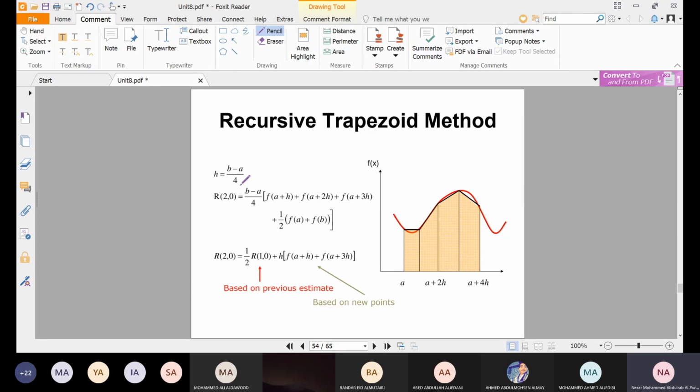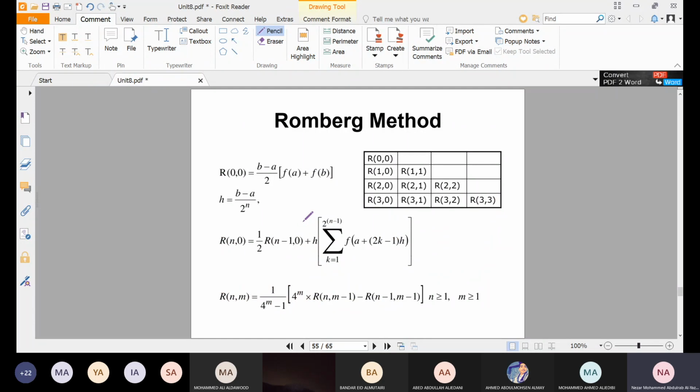R20 is given in this form: we have half of the previous estimation, this is H, the previous value, and this is the new value that we have. So the algorithm is given in this form.